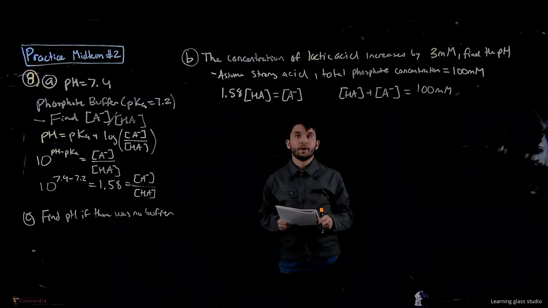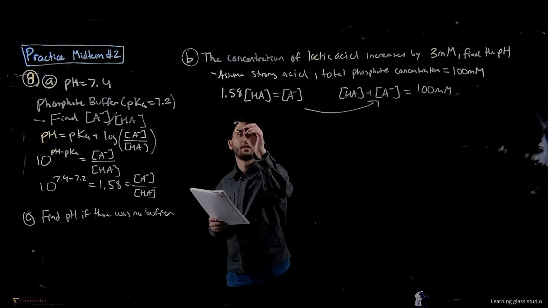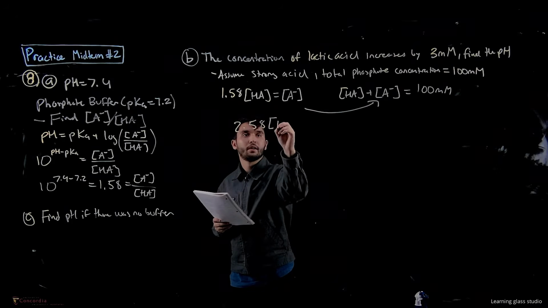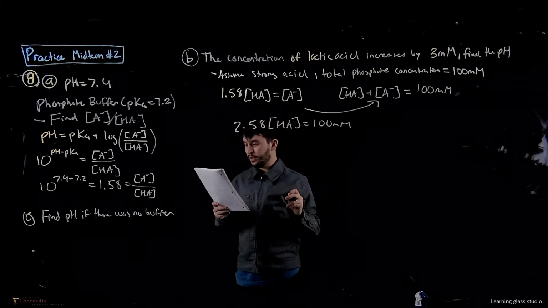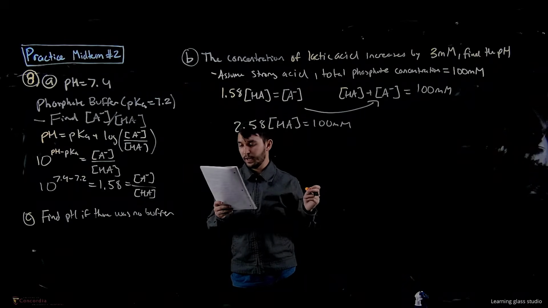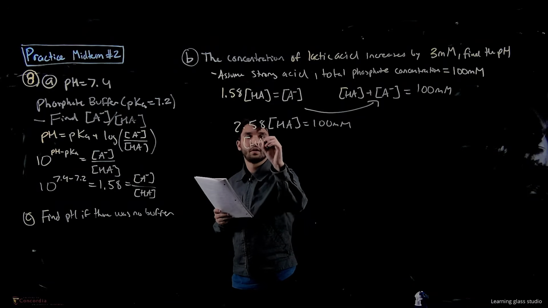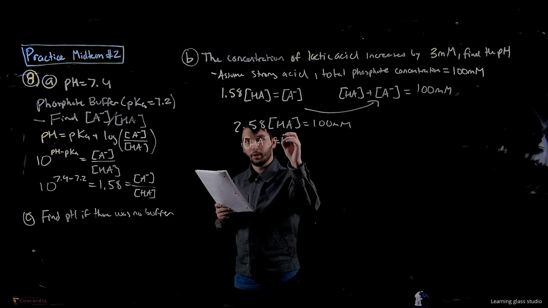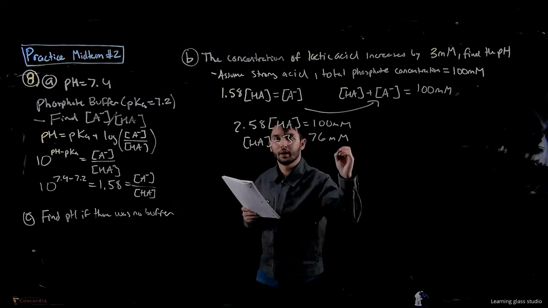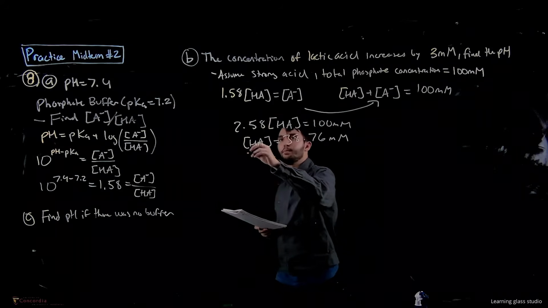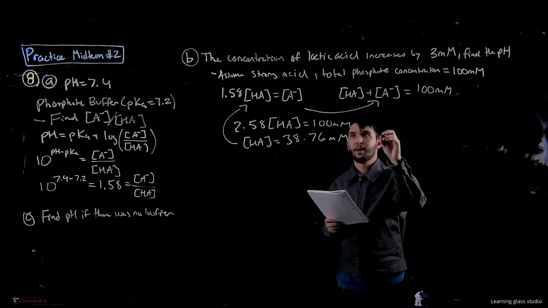All right, so now what we can do is simply put this in here, and we get 2.58 HA equals 100 millimolar, and we can find that the concentration of HA is equal to 38.76 millimolar, and then we can plug that back into here, and if we do that, we can find the concentration of A minus.